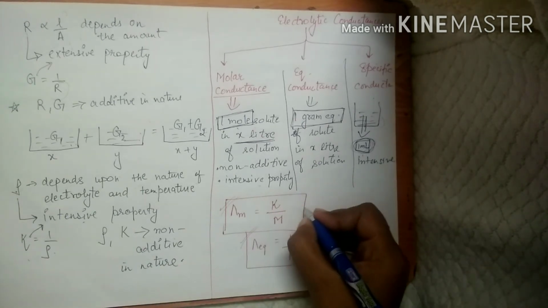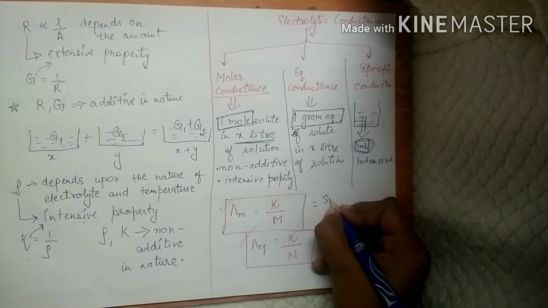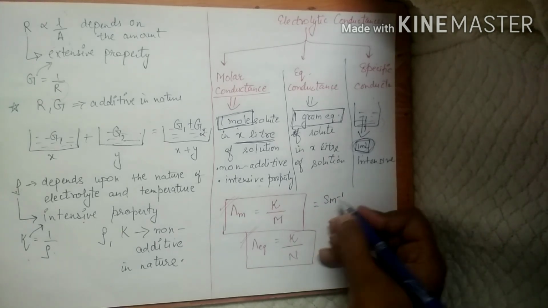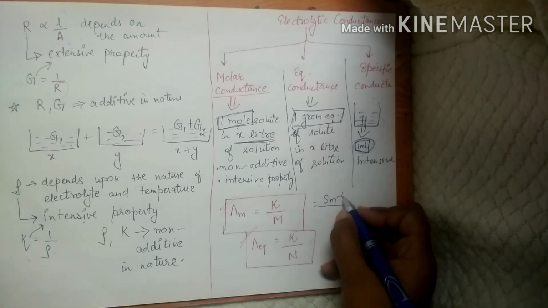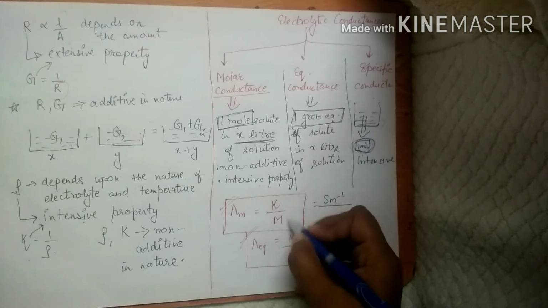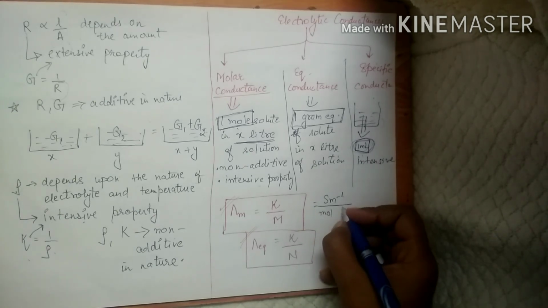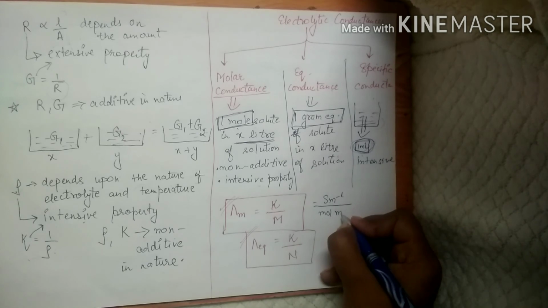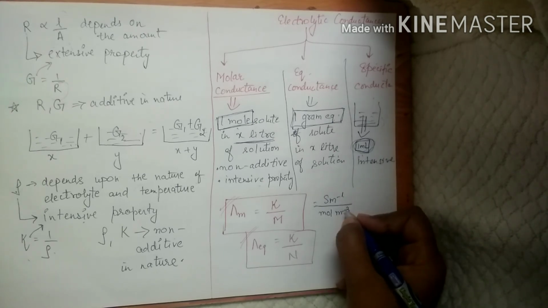Now if we look at the units for lambda m, the unit of kappa is Siemens per meter, if I'm taking the length or the area in meters. Your M value of molarity will be mole per liter, or you can say mole per meter cube if we change the unit. Mole per liter is actually mole per decimeter cube, but here I'm taking mole per meter cube if I change the unit.